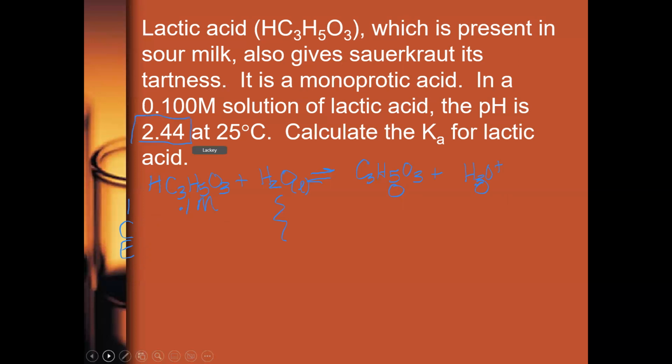So if we have the pH, we can find H+, which is the same thing as hydronium. So remember, that's 10 to the negative pH. So our hydrogen ion concentration is going to be 0.0036.